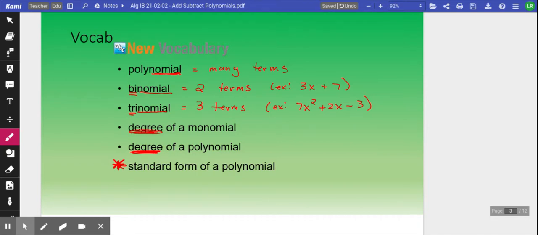Standard form of a polynomial goes from the largest degree to the smallest degree. Now, what is the degree? The degree of a monomial is basically the total number of exponents on the variables.